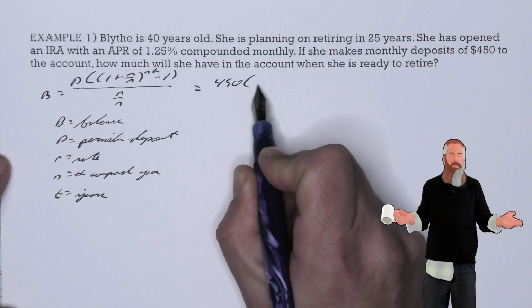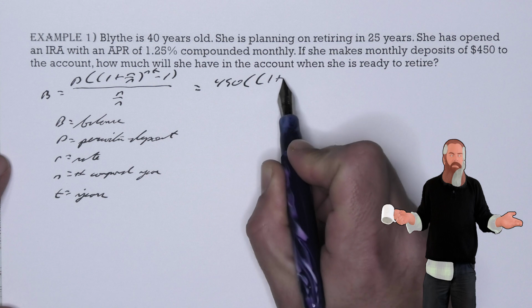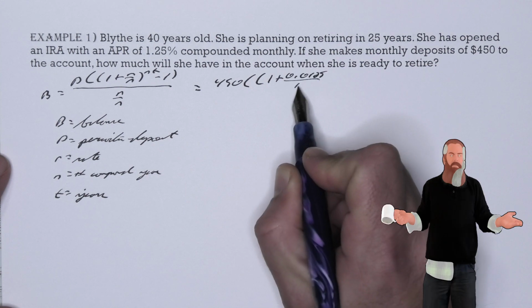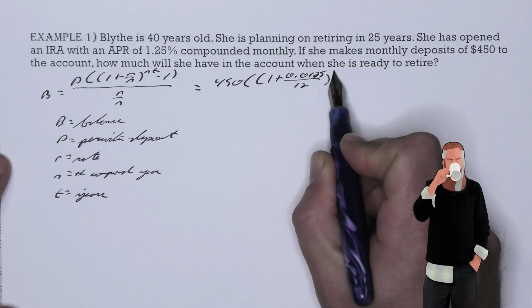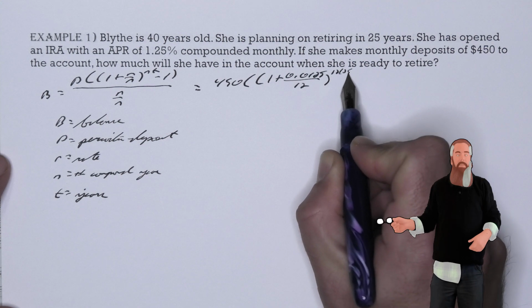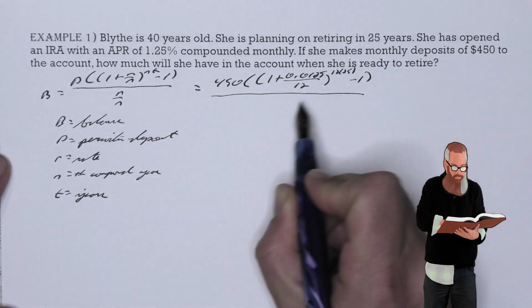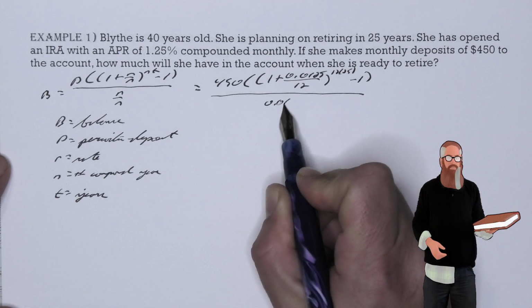So B is equal to 450 times ((1 plus 0.0125 divided by 12) to the 12 times 25 power minus 1), all over 0.0125 divided by 12.